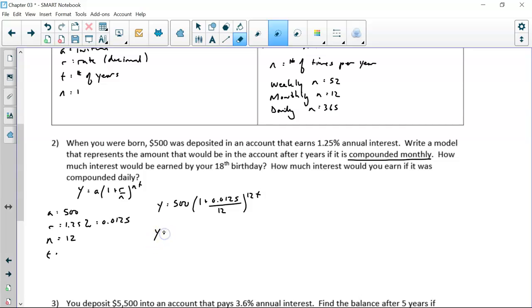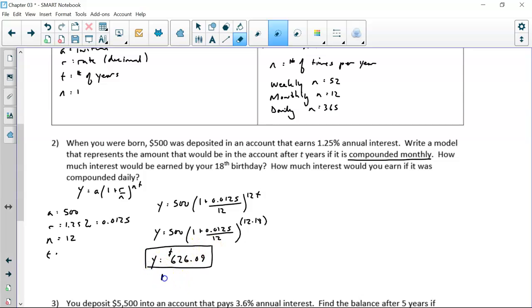So for this, the 18th birthday, 500 times 1 plus 0.0125 divided by 12, all raised to the 12 times 18. Make sure you put parentheses around those exponents. So when you type that into your calculator, you're going to get about $626.09 in your account after 18 years.